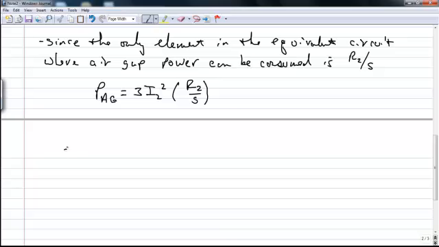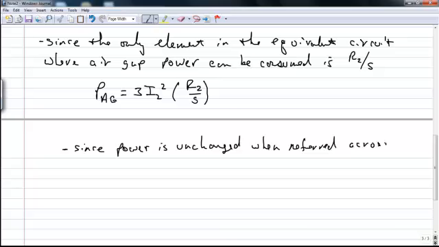So let's just say, since power is unchanged when referred across the ideal transformer, our rotor copper losses would be equal to 3 I2 squared R2.